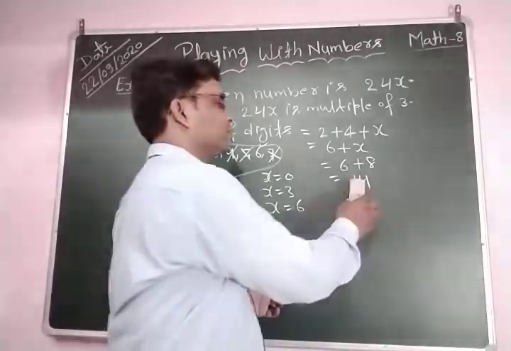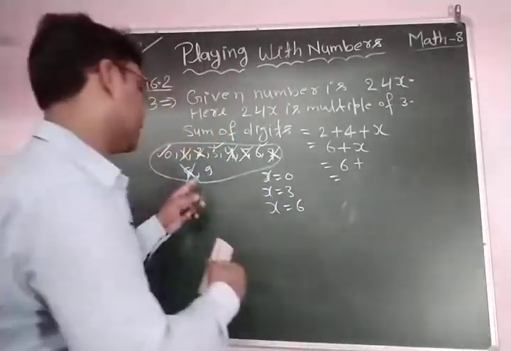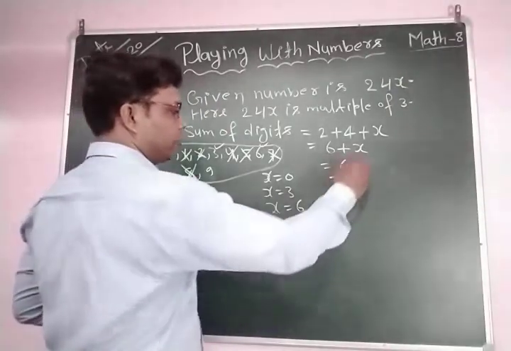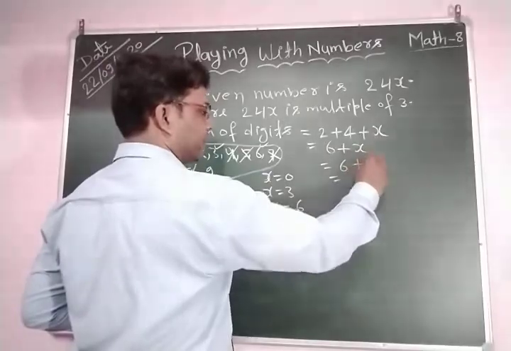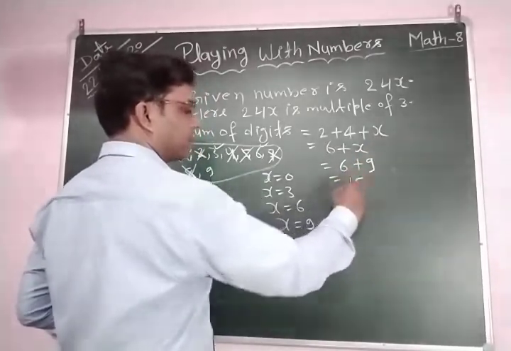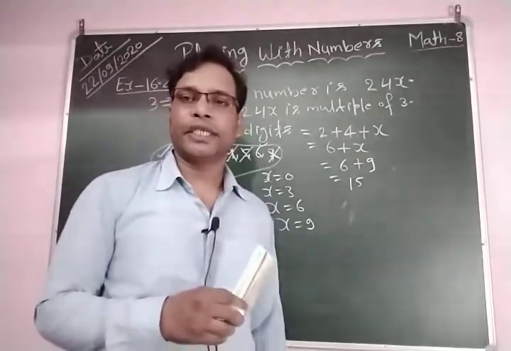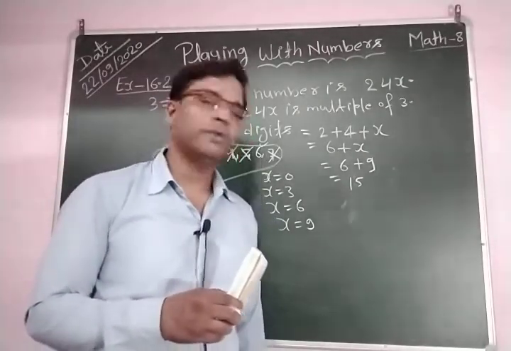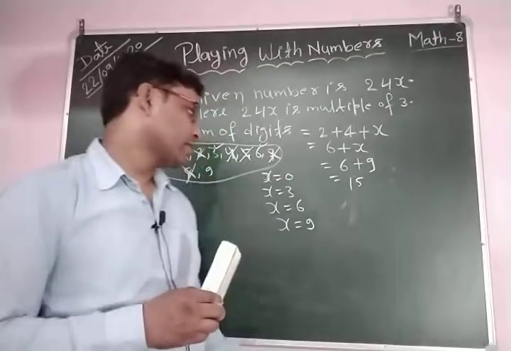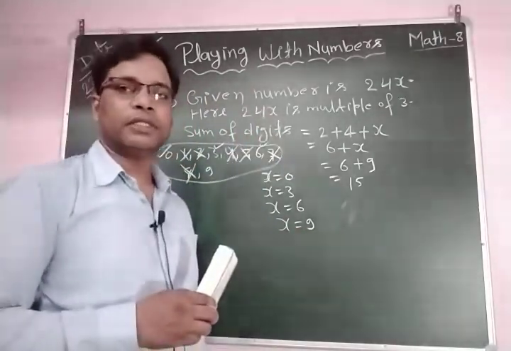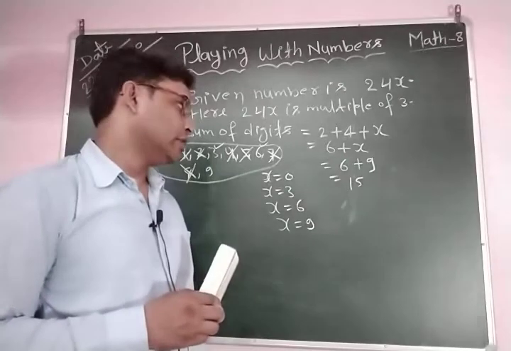Okay, now next value, last digit, x is equal to 9. So you put 6 plus x, and we take x is equal to 9, it is equal to 15. Okay, so 15 is a multiple of 3, or you can say 15 is divisible by 3. So if you put x is equal to 9 here, then this number 249 is a multiple of 3.